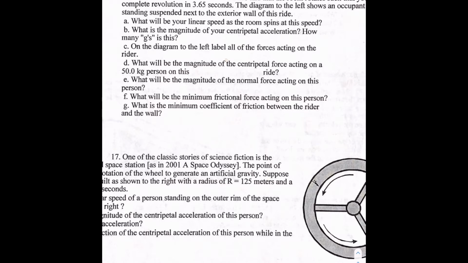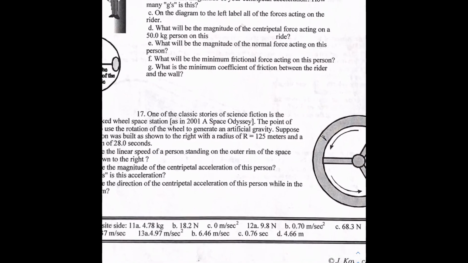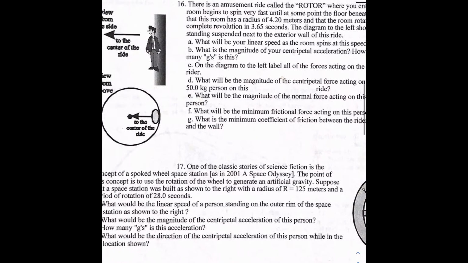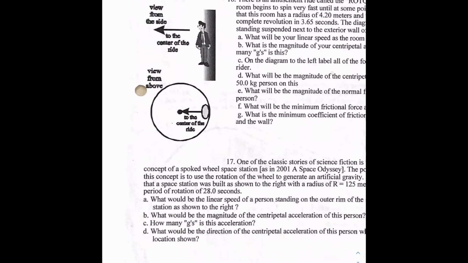Because the floor has dropped down a foot or so. And because the room is in circular motion, this is possible. So that's what we're looking at here. And you can see this guy is standing here and he's facing the center of the ride.